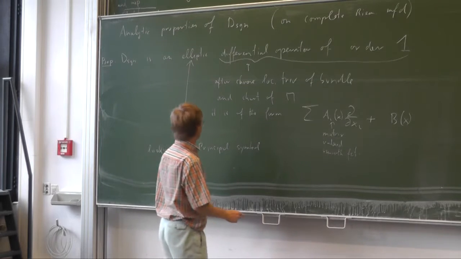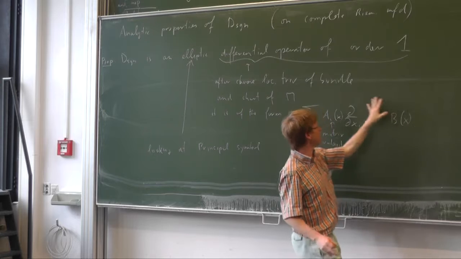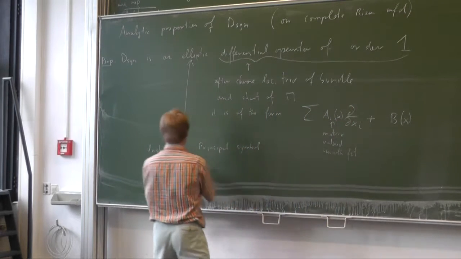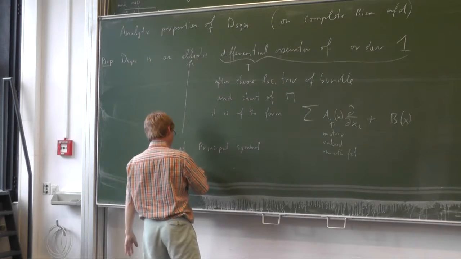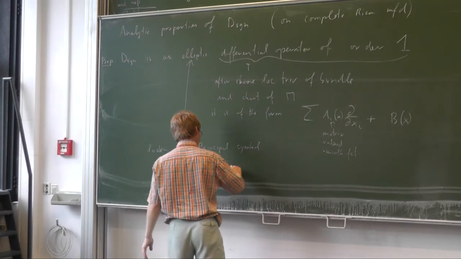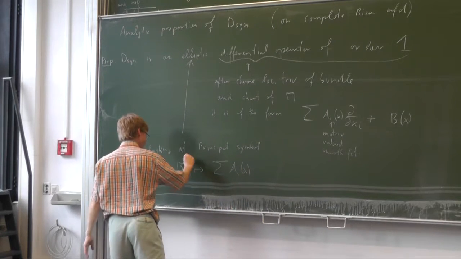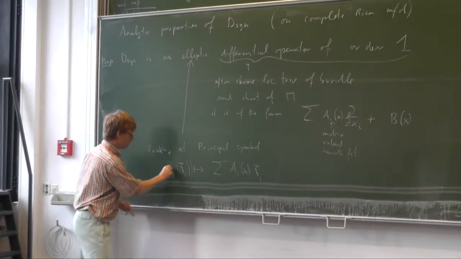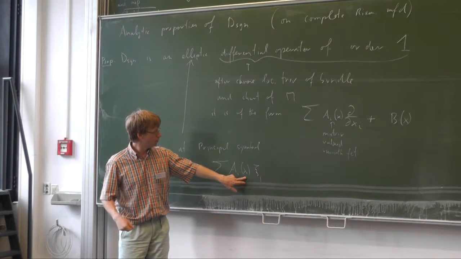And the principal symbol just picks out the top order part, throws away the rest, and replaces the d/dx_i by xi_i's. So this is the vector xi. This is now x, so also depending on x, obviously. Right. What do we get for each point x and each xi? We get a matrix.